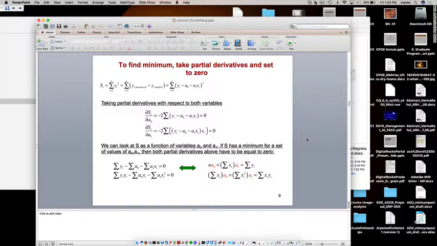Here you can actually divide by 2 because there's a 0. But you would have a sum of a0s, which is n of them.